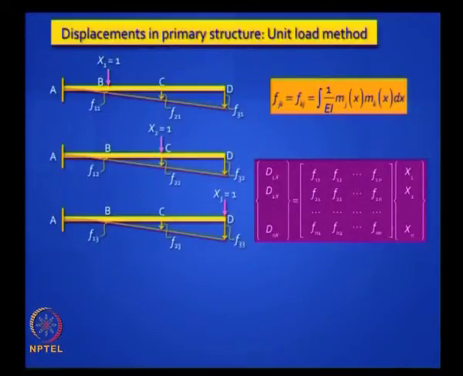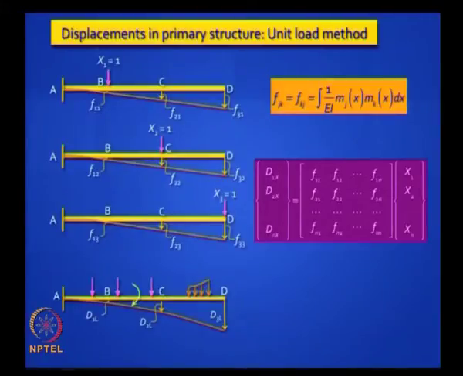So all the deflections caused by all the redundants put together can be written like this. So d1x is f11 into x1 plus f12 into x2 etc. plus f1n into xn, similarly d2x and so on. So I can write that overall set of equations, and also I get the deflections caused by the load using the unit load method.